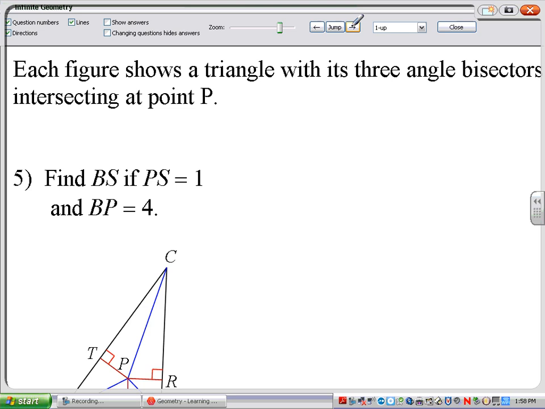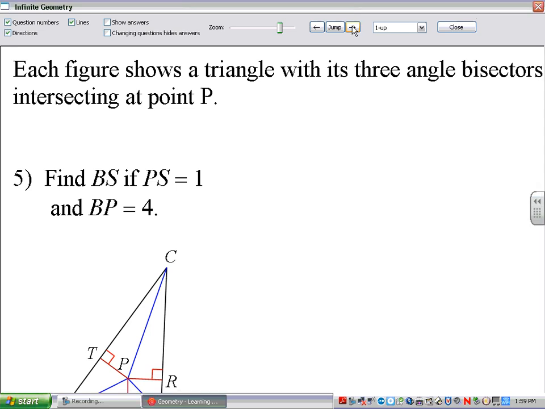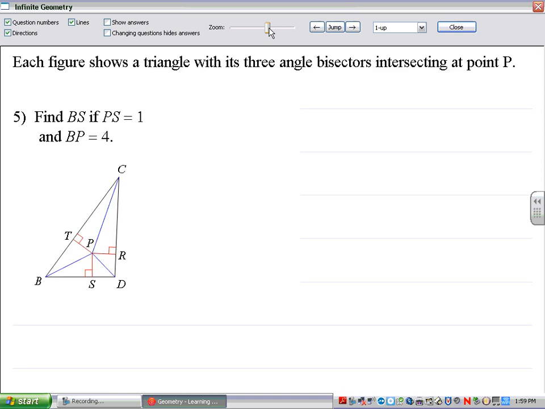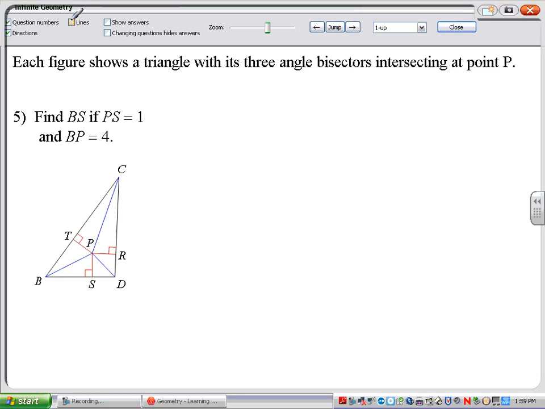Different directions. Each figure shows a triangle with its 3 angle bisectors intersecting at point P. Make this smaller so we can see it. So again, angle bisectors, point P. It says to find BS, so the length from point B to point S. I'll draw it in red here.